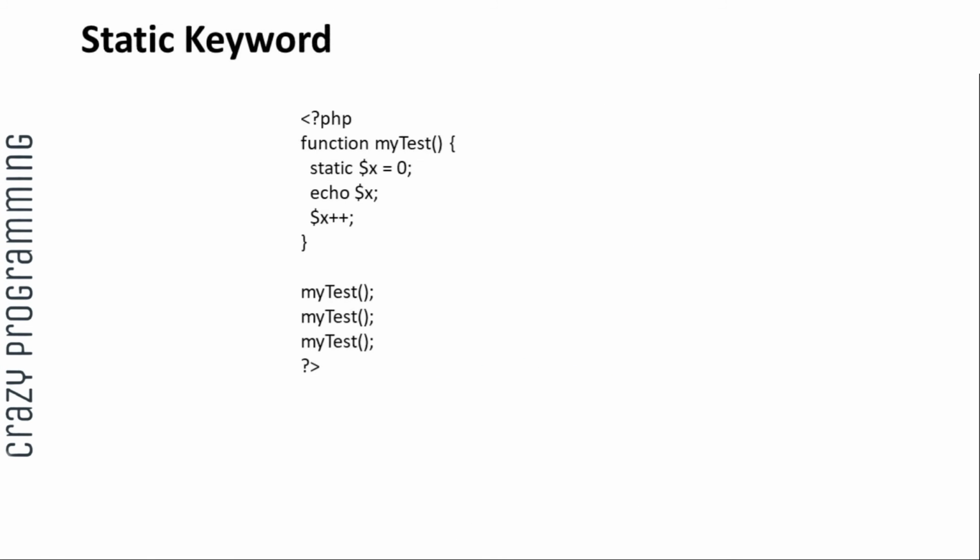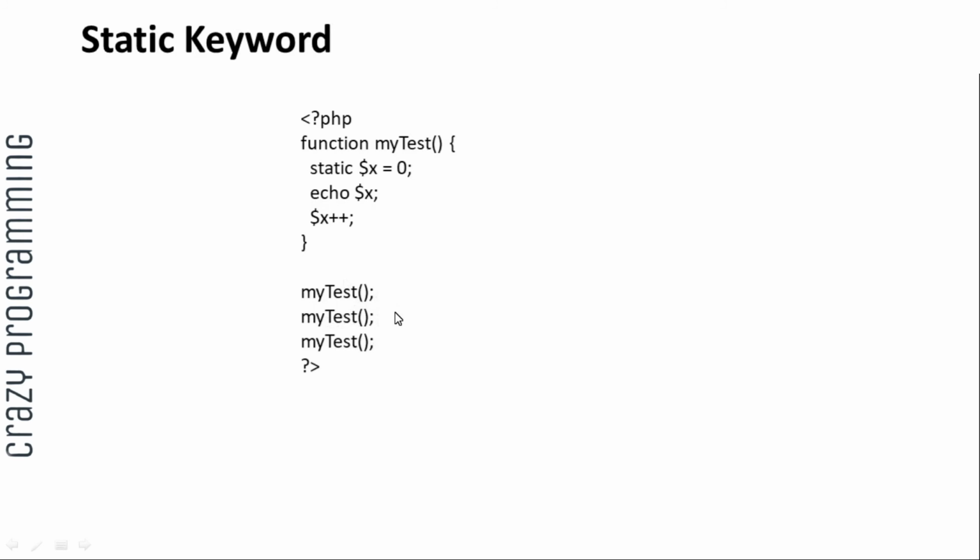Then we will go to the static keyword. This is the basic syntax of the static keyword in functions. We created a function myTest, static $x equals to 0, echo $x, and then $x plus plus. You can see we are calling the myTest function three times to execute.